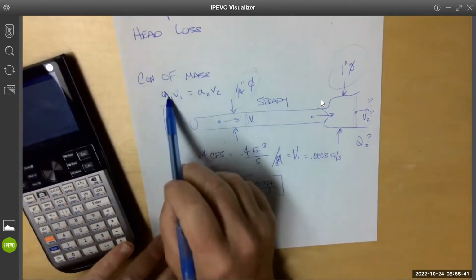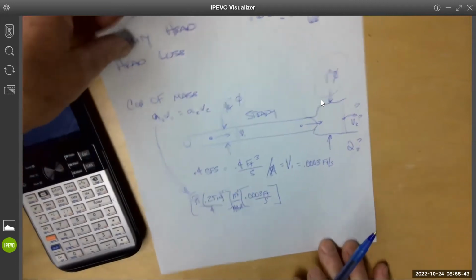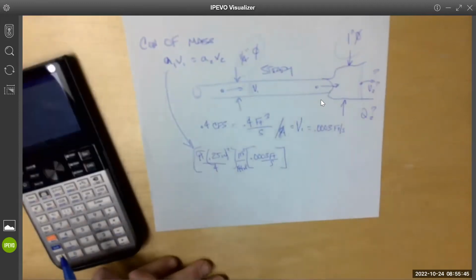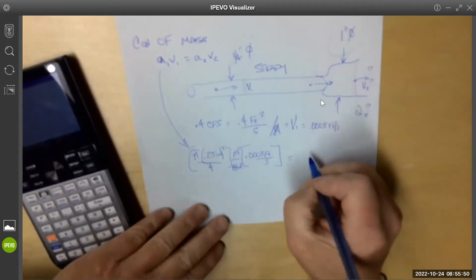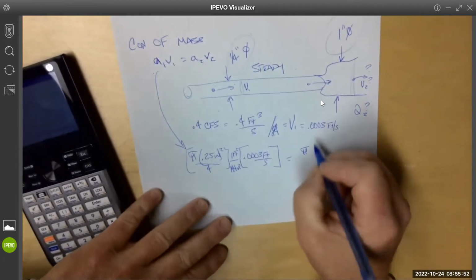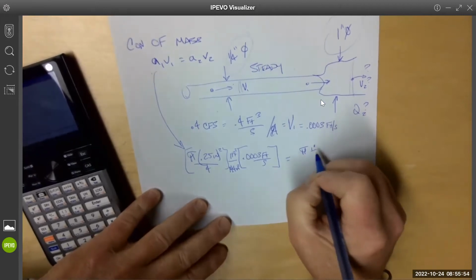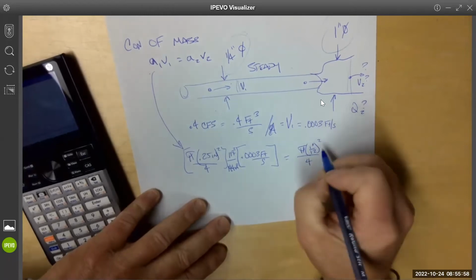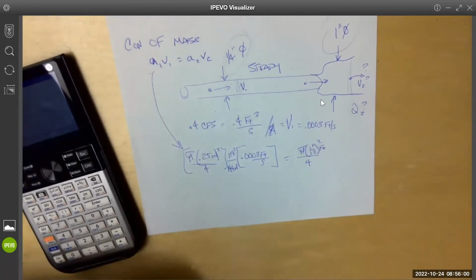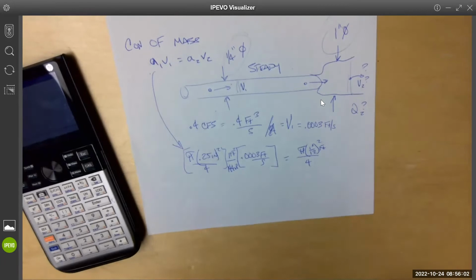Just writing out this A1, V1. And then A2 is pi 1 inch over 12. There, I converted it right away because now that's in feet squared.